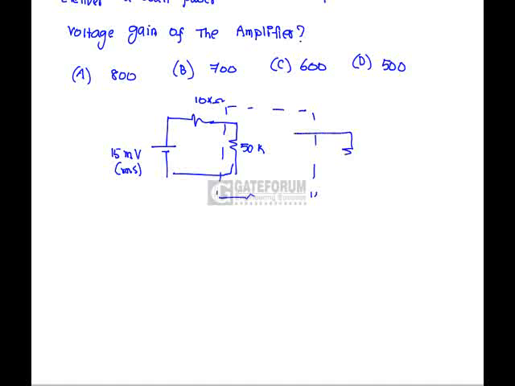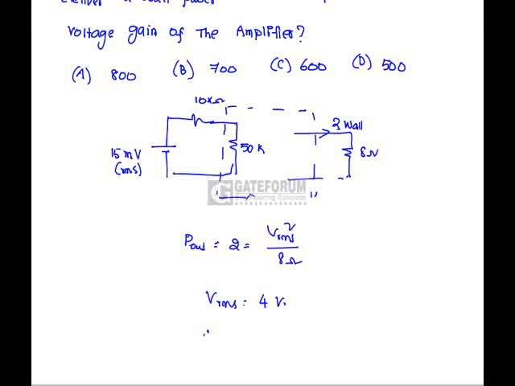It is delivering to a load of 8 ohms a power of 2 watts. Means power output is 2 watts, that is Vrms square divided by 8 ohm, so Vrms is 4 volts.